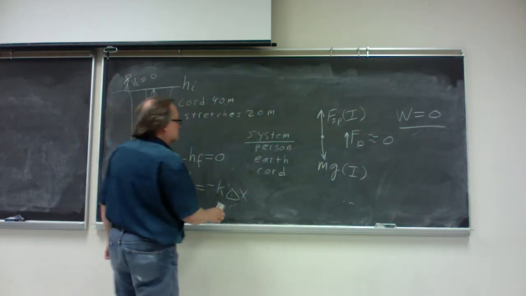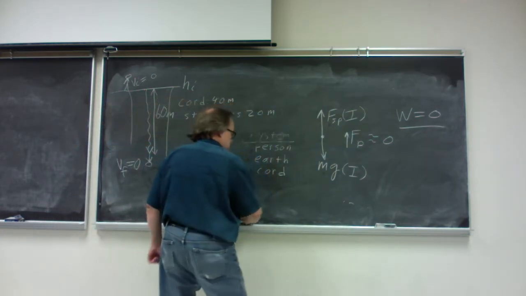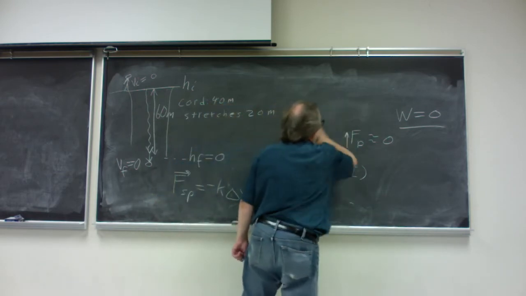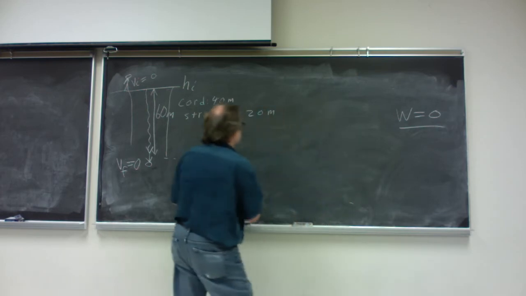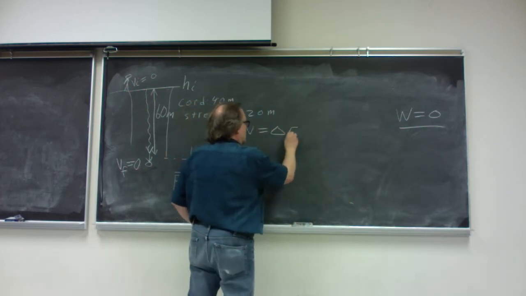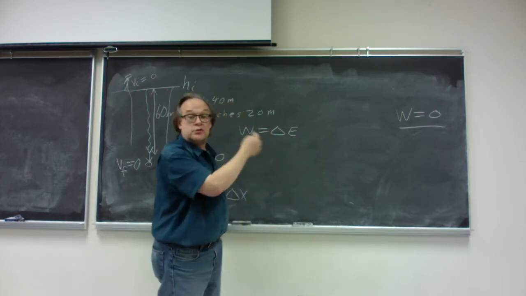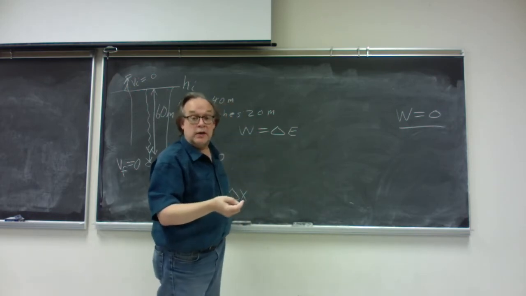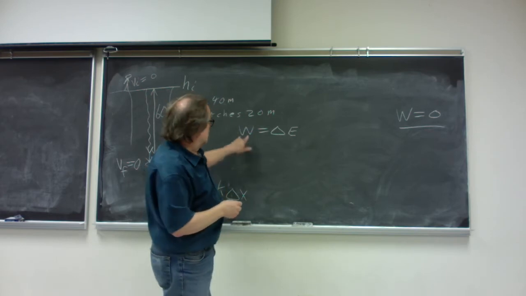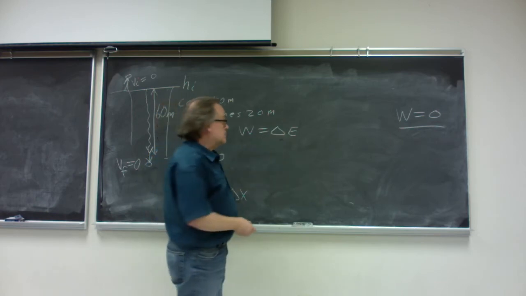And since no work is done by external forces, and the amount of work done by external forces is the amount of energy given to or taken from the total energy of the system, since this is zero, then that's zero.